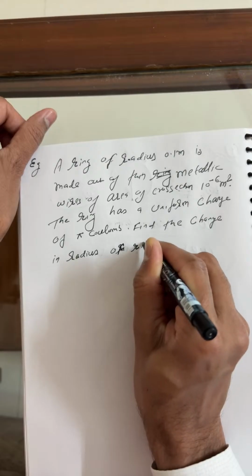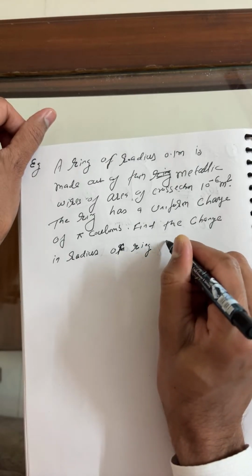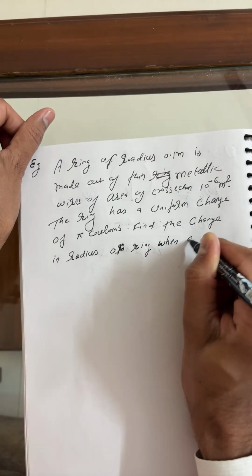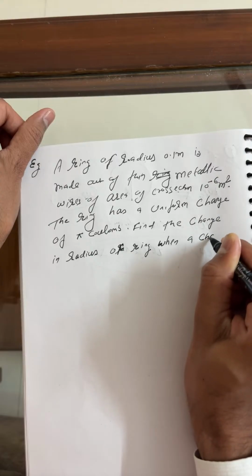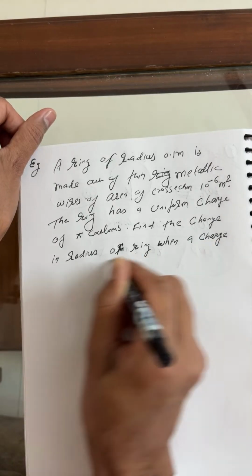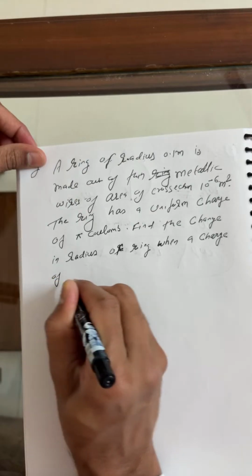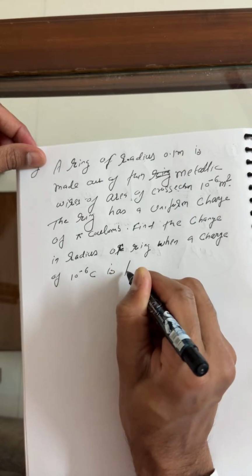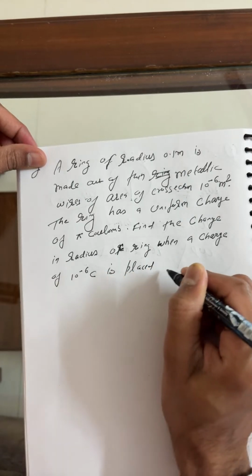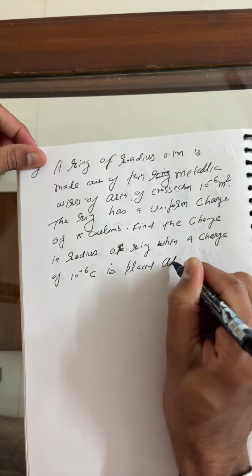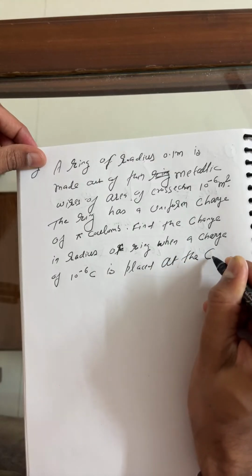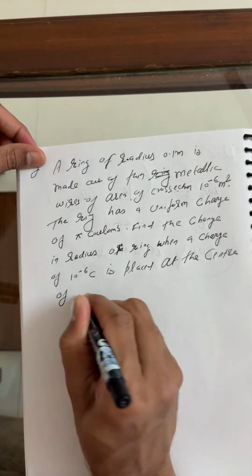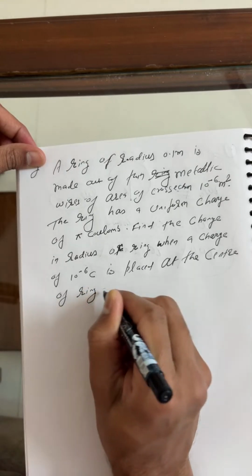Change in radius of ring when a charge of 10 to the power minus 6 coulomb is placed at the center of ring.